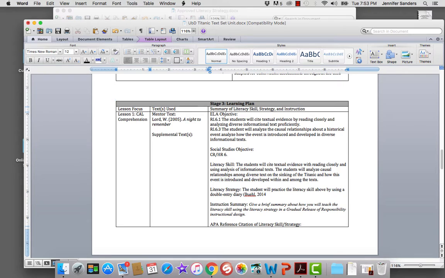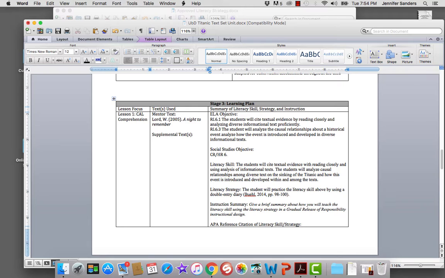So 2014, and then I want to put the page number so I can go back to it. Pages 98 through, and I'm going to keep going through 100. Okay? Got it?